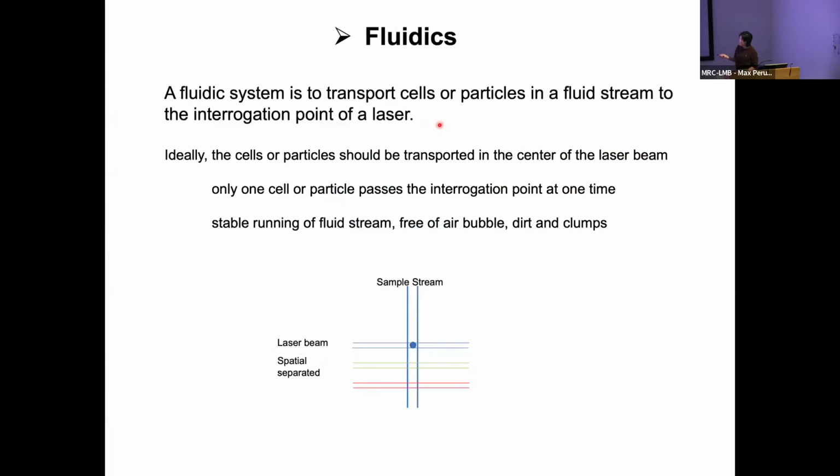The fluidic system of a flow cytometer transports cells or particles in a stream to the interrogation point of the laser, shown here. This fluidic stream should be free of air bubbles, dirt and clumps, and should be very stable. Ideally, the cells or particles are transported in the center of the laser beam, with only one cell passing through the sensing point at a time.